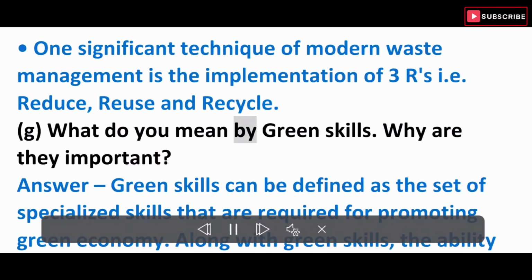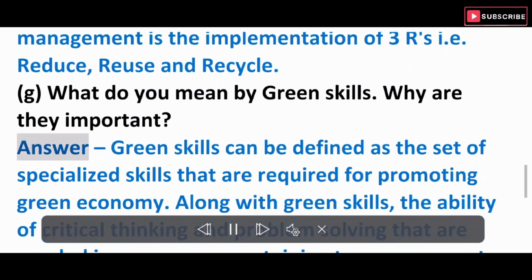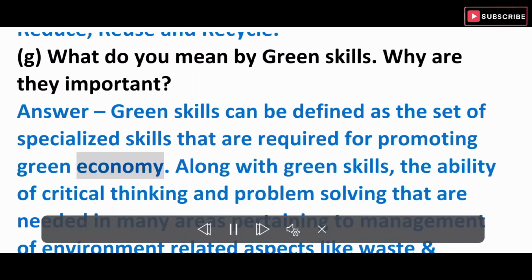G. What do you mean by green skills? Why are they important? Answer. Green skills can be defined as the set of specialized skills that are required for promoting green economy.